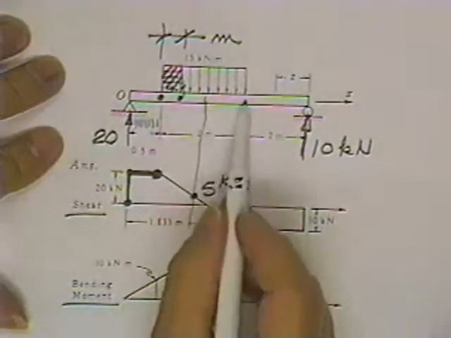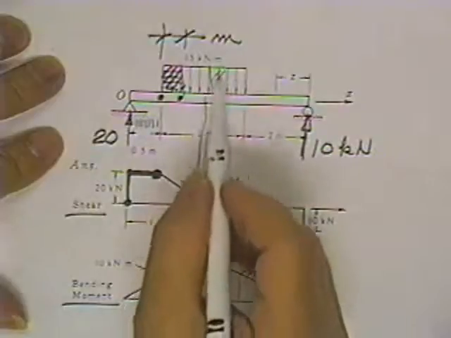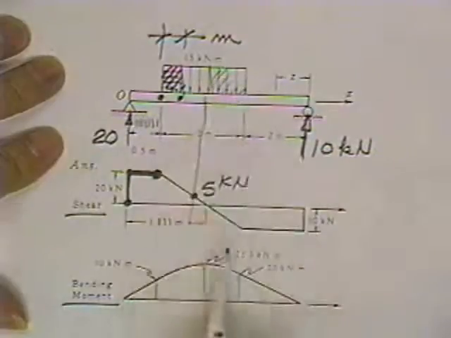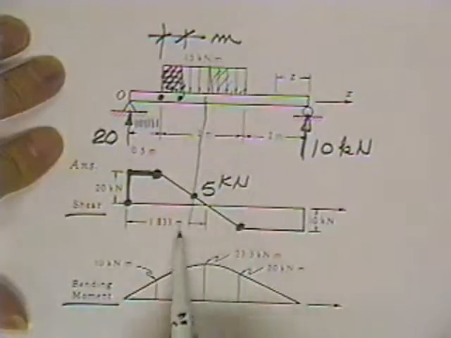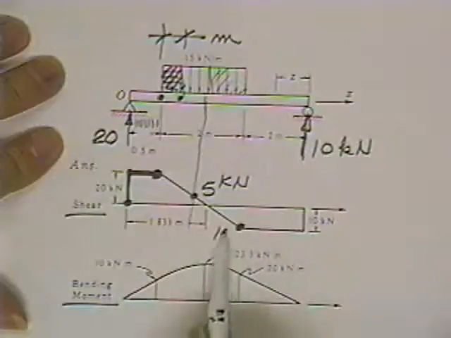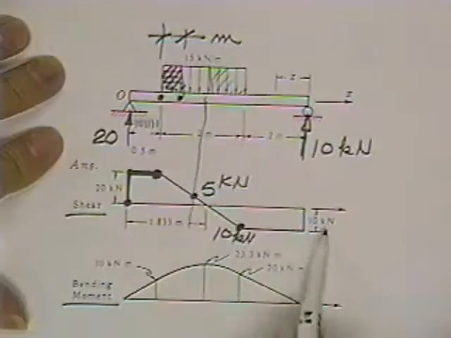You'll notice as we move another meter, it tells us to drop another 15. We're now 5 above the line. If we drop another 15 by the time we hit this horizontal point, then we'll be 10 kilonewtons below the line. And that's what this shows.